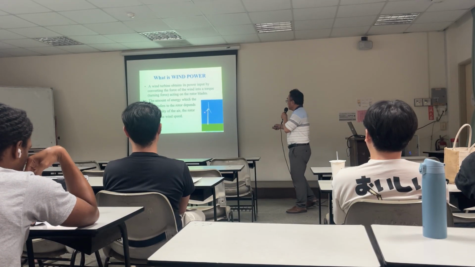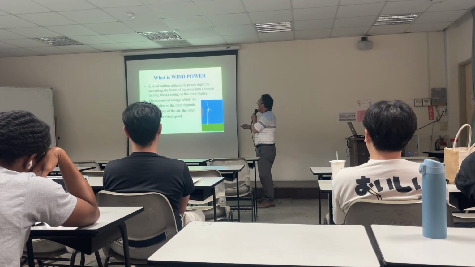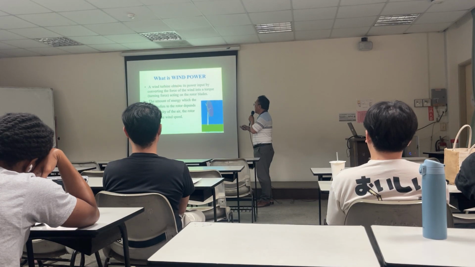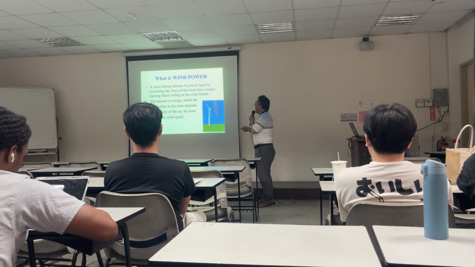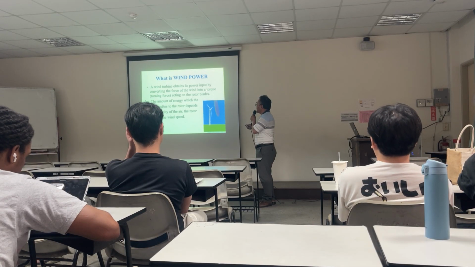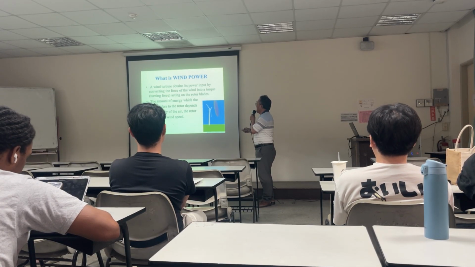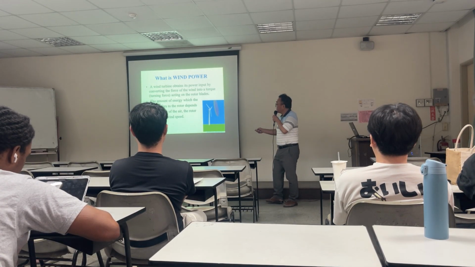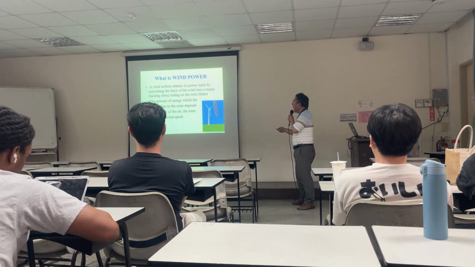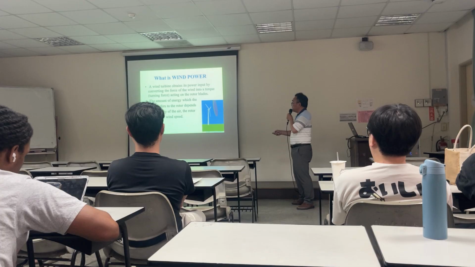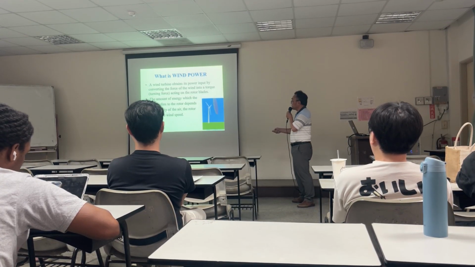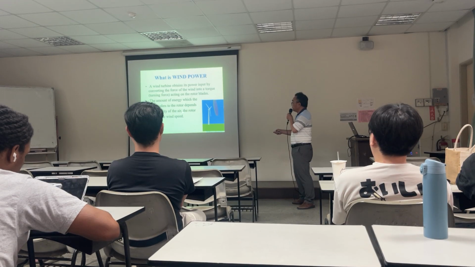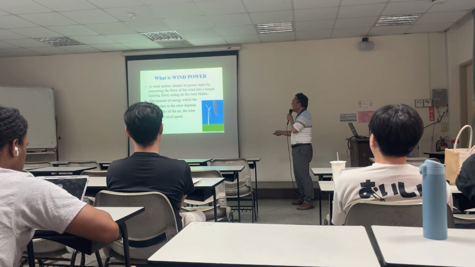You can see we have a wind turbine here. A wind turbine obtains its power input by converting the force of wind into a torque, a turning force, acting on the rotor blade. The amount of energy which the wind transfers to the rotor depends on the density of the air, the rotor area, and the wind speed.